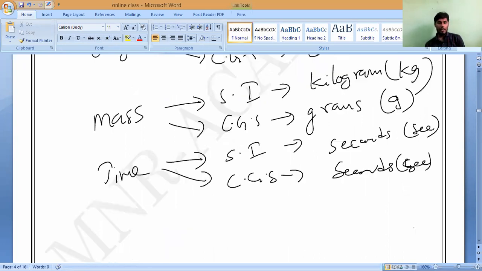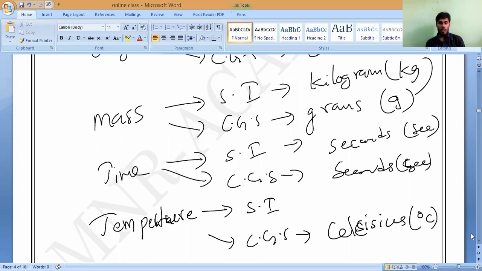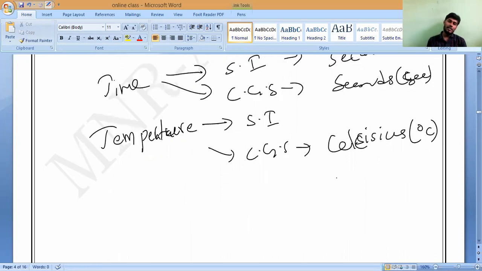Like that you see. I will say temperature. If you go to hospital, how do they measure temperature? Thermometer. What is the SI unit and CGS unit? The CGS unit is the Celsius scale, called degree Celsius.